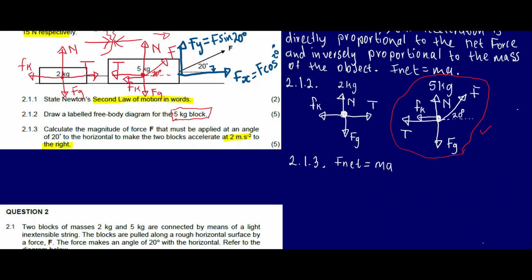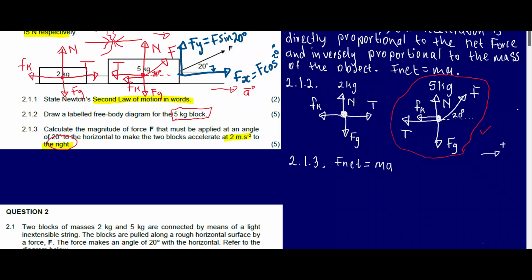So now here we want the F net, right? Remember, we have to consider forces that are parallel to the motion. So how many forces are parallel to the motion? The motion is either going to the right or to the left, but most likely in this case, we see that the motion is going to the right. The acceleration is towards the right, and it was also discussed here.